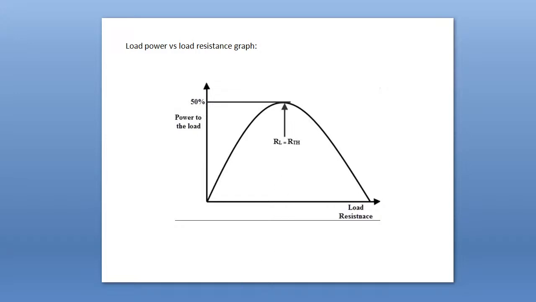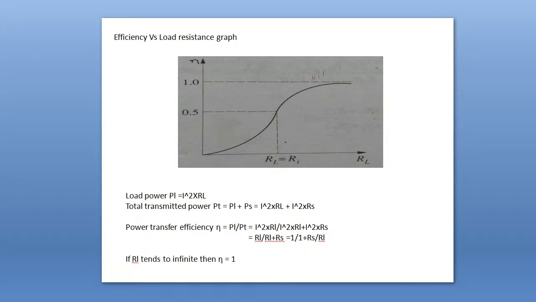Now let me show you the curve corresponding to power transfer efficiency versus load resistance. Don't make any confusion between these two curves. One is load power versus load resistance, and another one is power transfer efficiency versus load resistance.